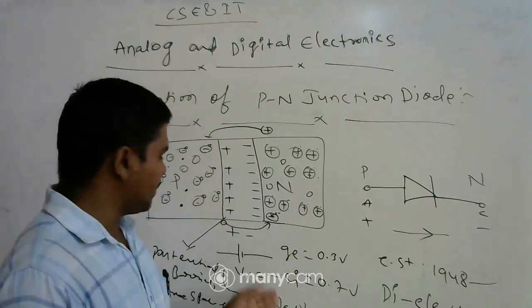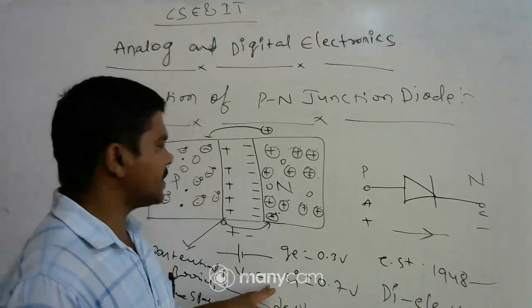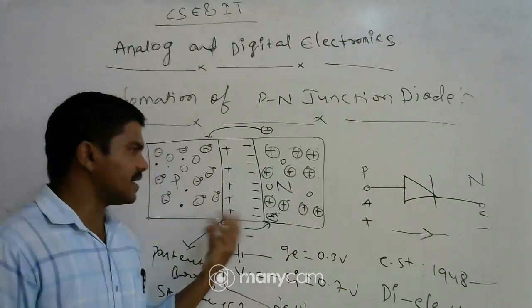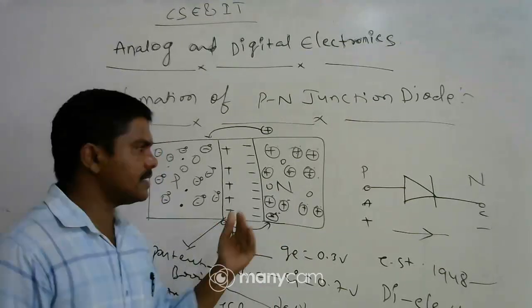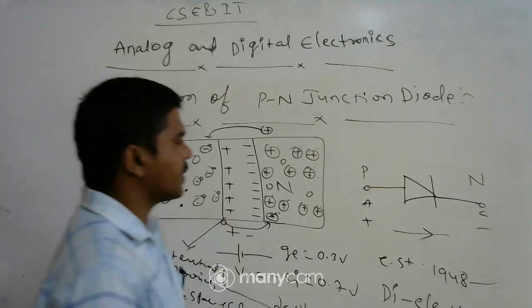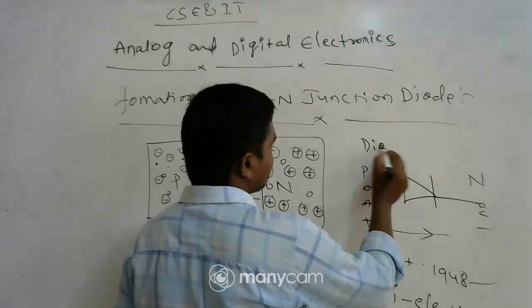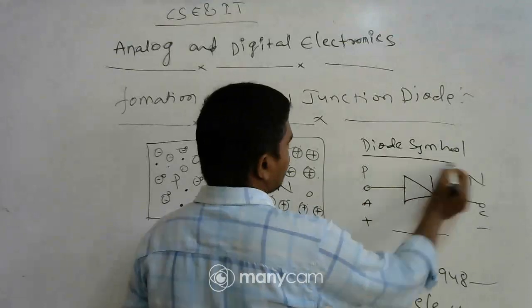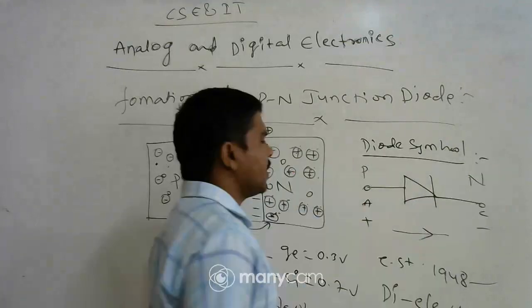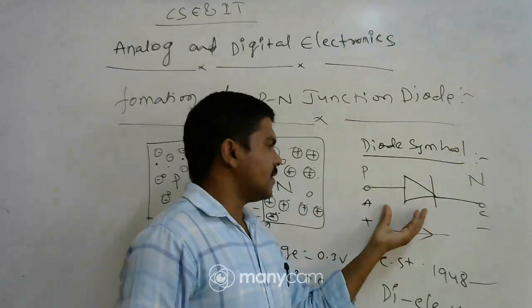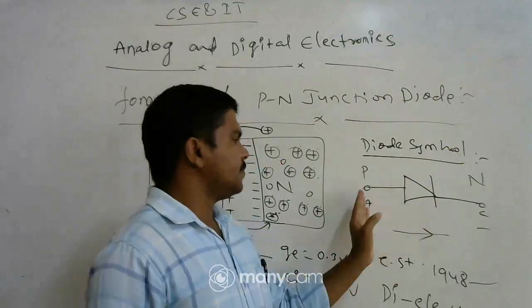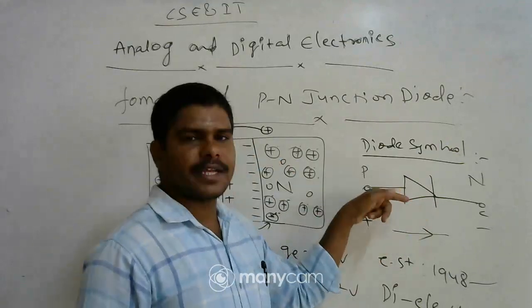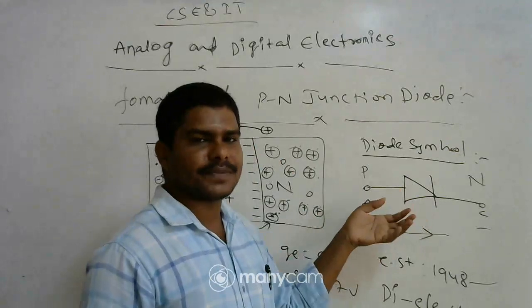Now, representing this PN junction diode by its symbol. The arrow mark represents that the diode allows current in only one direction.